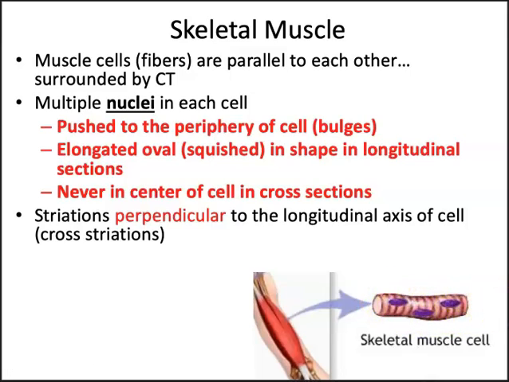So they're not actually outside the cell, rather they're just pushed to the edge. So they kind of bulge out a little bit at the edge of the cell. And they look kind of like elongated, squished ovals in longitudinal sections where we're looking lengthwise at the cells, like this one right here.